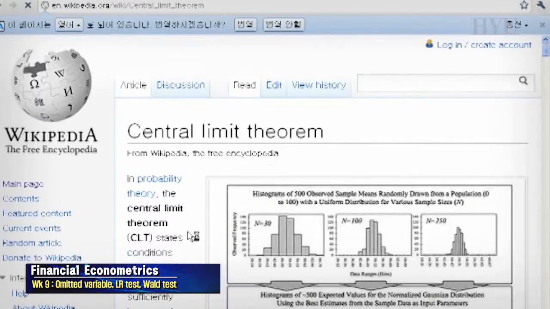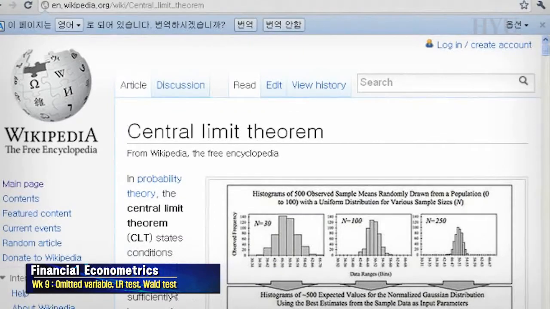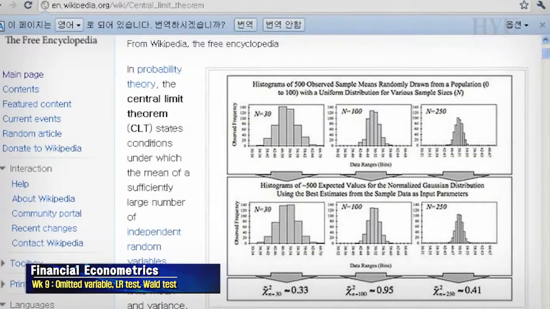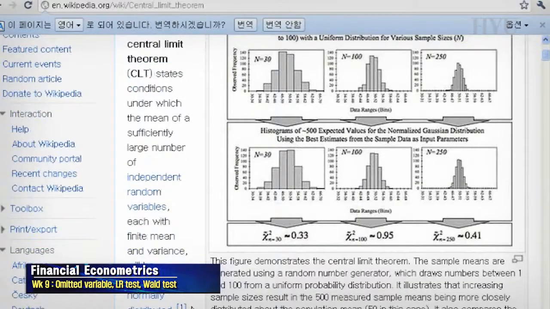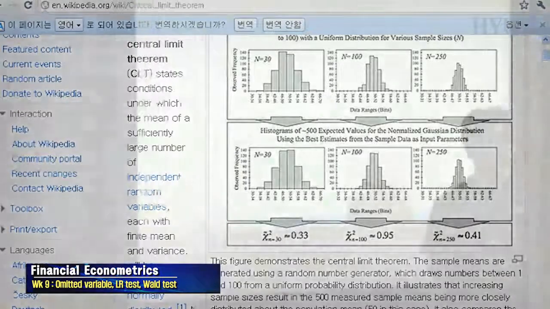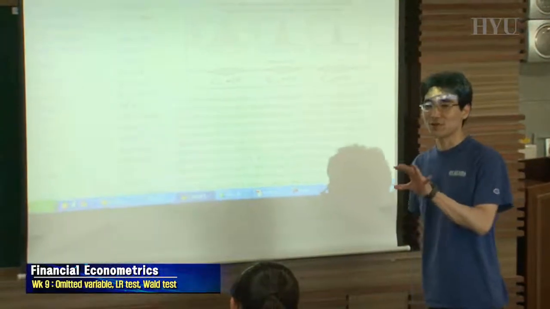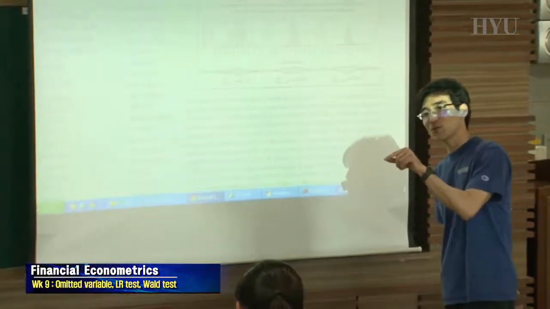The central limit theorem states that the mean of a sufficiently large number of independent random variables with finite mean and variance will be approximately normally distributed. So if we have a large number of data, it converges to a normal distribution, and the variance becomes close to 0.